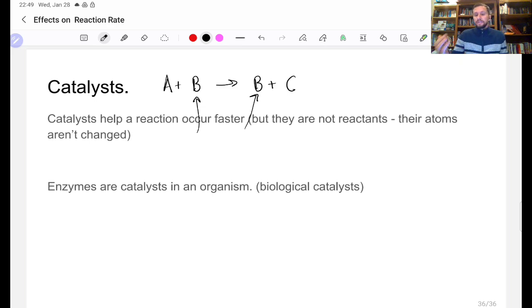So it speeds up the reaction, but it's not reacting. Commonly in general chemistry, though, you'll see it written with B above the arrow, representing that B is needed to make the reaction occur quickly enough as a catalyst, but it's not actually reacting. So it speeds up the reaction, sometimes exponentially, from not occurring at all to now occurring really quickly, but it's not actually a reactant.